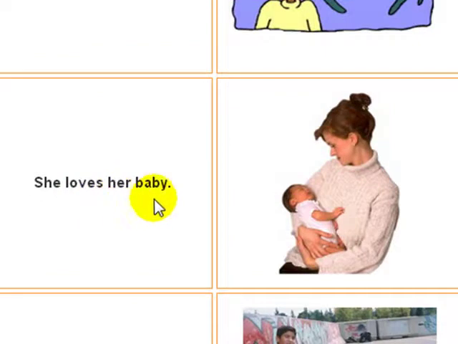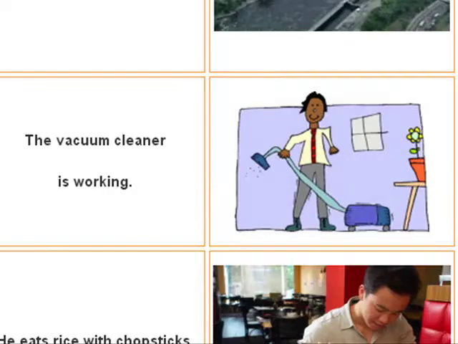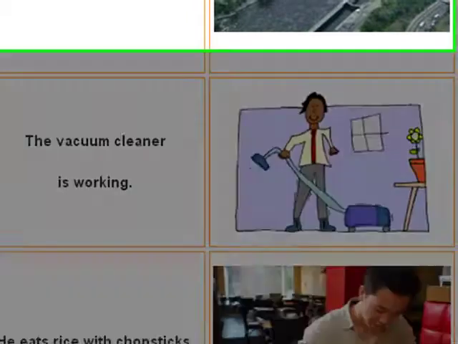She loves her baby. She is the subject, of course. The subject here is a noun, and it's a pronoun. She loves. Loves, well, it's an action, right? And so that's the verb. He's sitting on the ground.